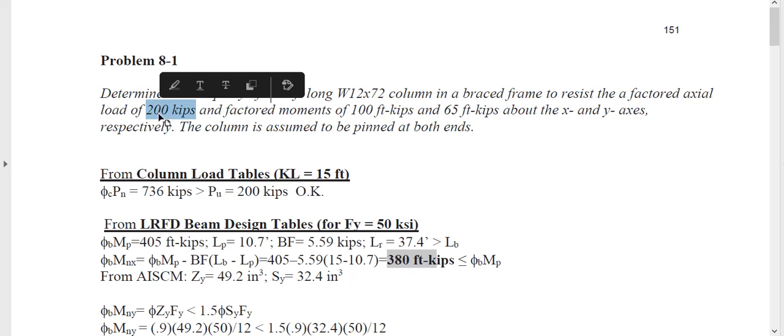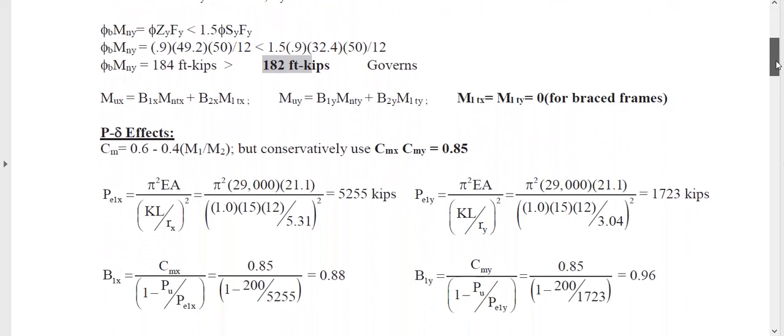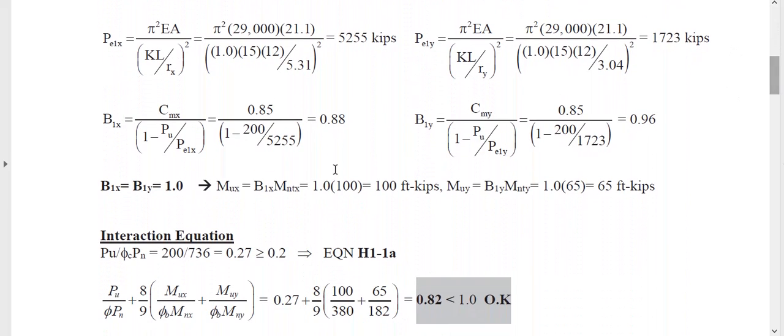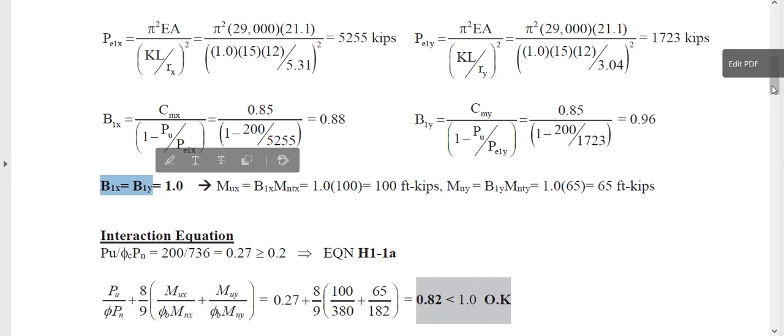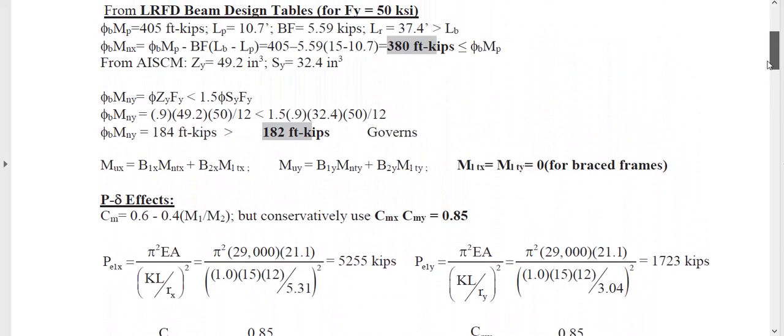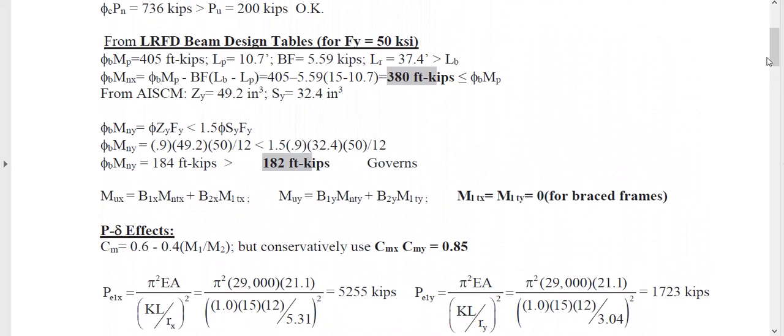If they say this load is tension, moment remains the same, what will happen? So the column may take tension also. What is the change? The only change will be, we do not need to worry about B1x or B1y. So whatever moment is given, that is the moment, because for tension there is no buckling.